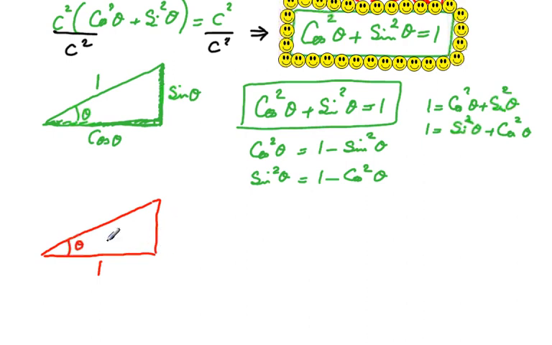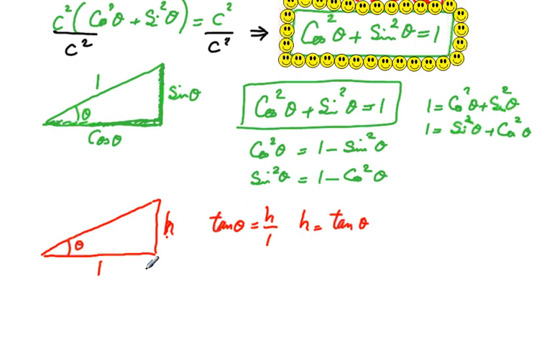Say it again. This is a question mark. What function connects this angle, opposite and adjacent? Tangent of theta is equal to, so let me call this thing some quantity like h, opposite over 1. So the opposite is equal to tangent of theta.